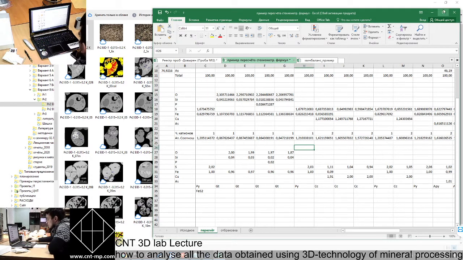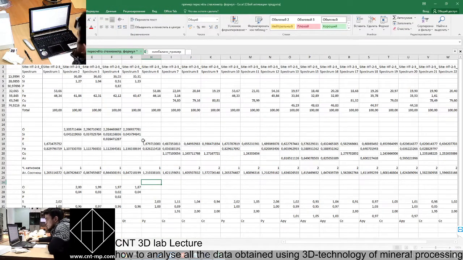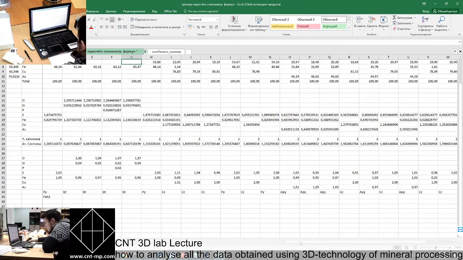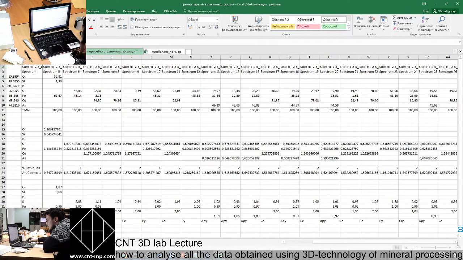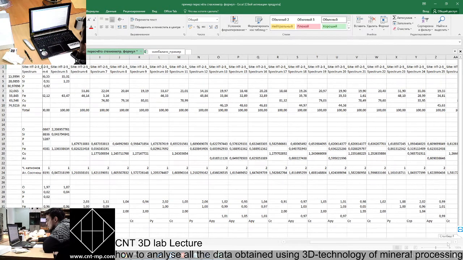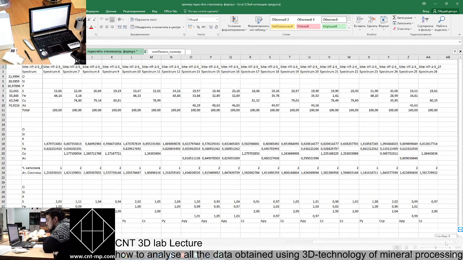Okay, and the same operation we repeat for every single analysis, and as I said before, there could be thousands of those analyses, and we think that this model is the best choice when you analyze a lot of data from one sample.